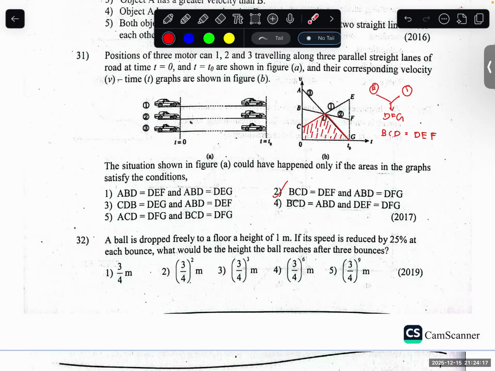Second. A ball is dropped freely to a floor from a height of 1 meter. Its speed is reduced by 25% at each bounce. What would be the height the ball reaches after 3 bounces? Yes.